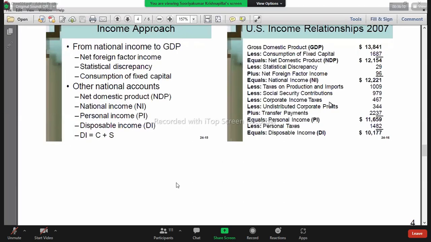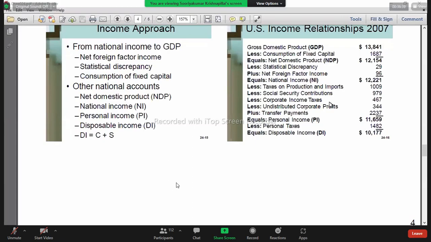For example, employees working in the Middle East send their remittance. They supply labor in another country's production, but the income comes to our country as remittance. That is included in the national income, but it is not included in the GDP.